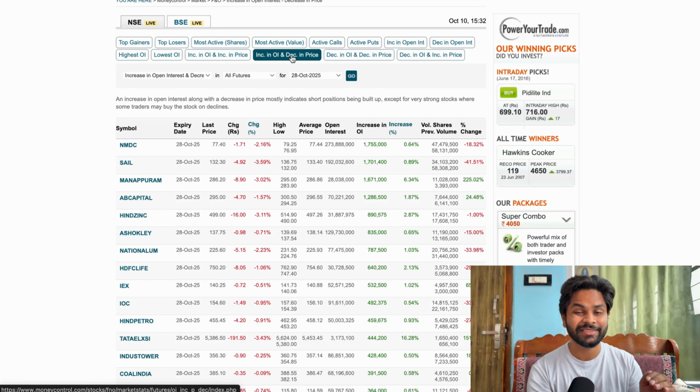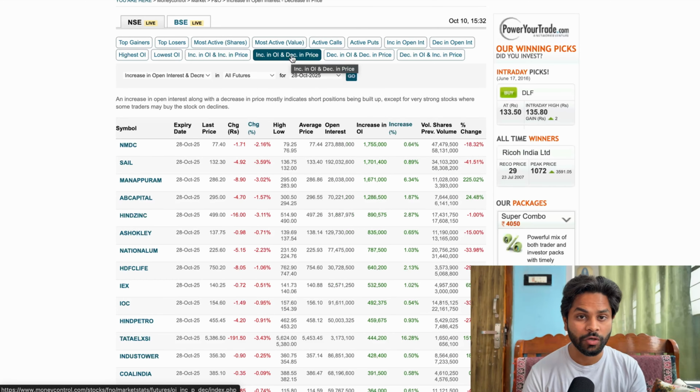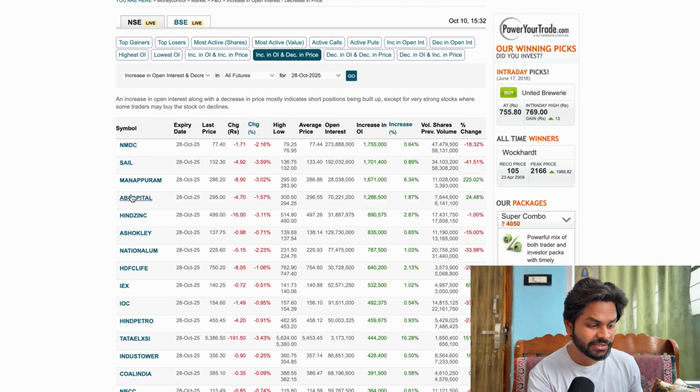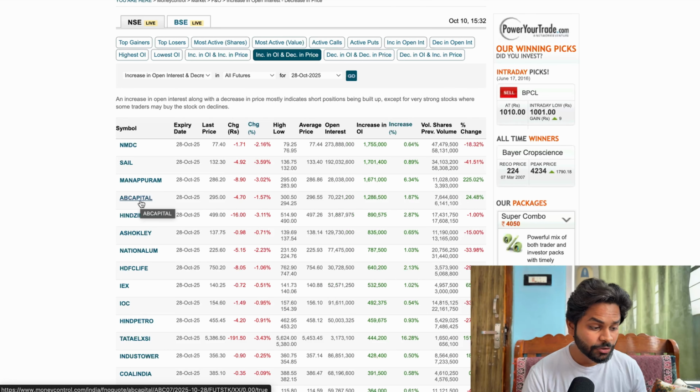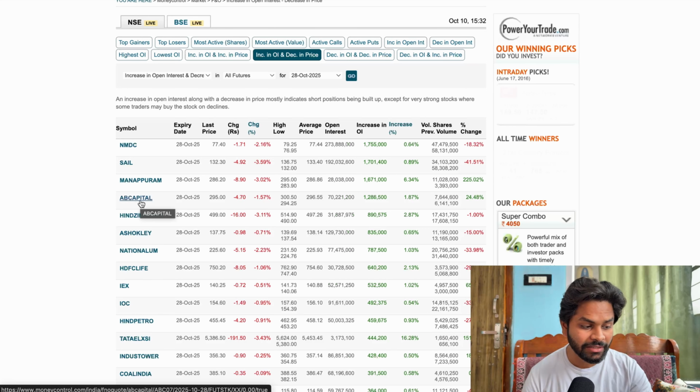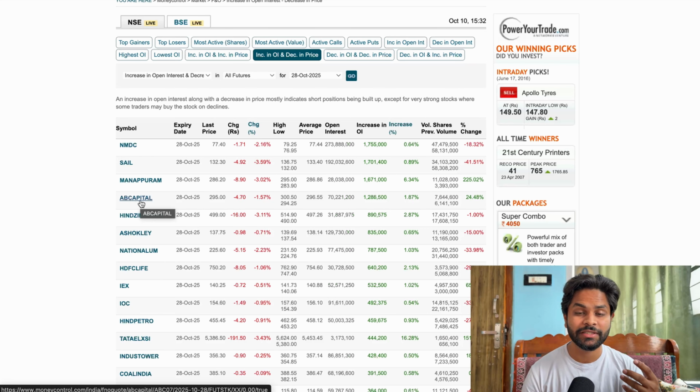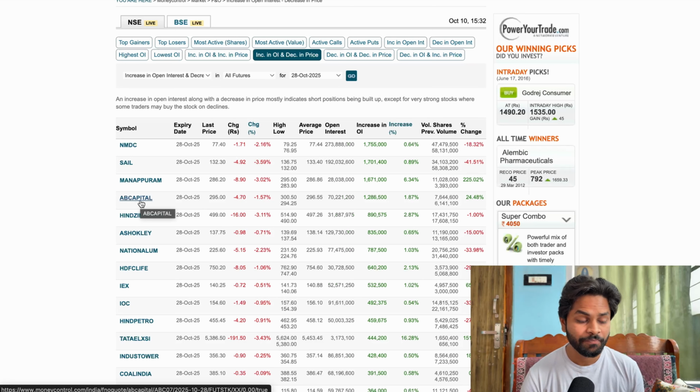Increase in open interest and decrease in price means people are shorting those stocks. So NMDC, SAIL, Manappuram, AB Capital, in which shorts are getting built up. You go scan these stocks on TradingView and see whether you are getting a breakdown or a trading setup so that you can trade in those stocks.